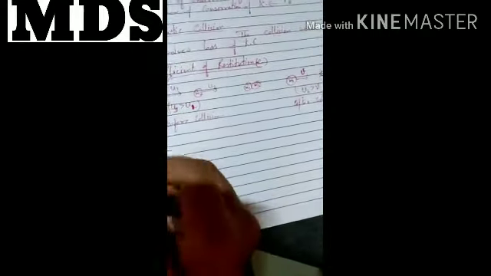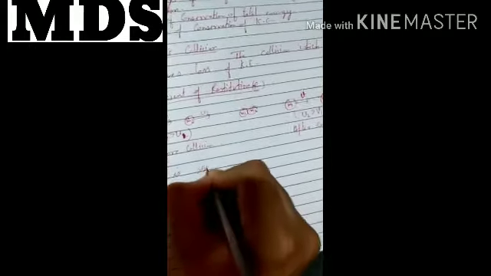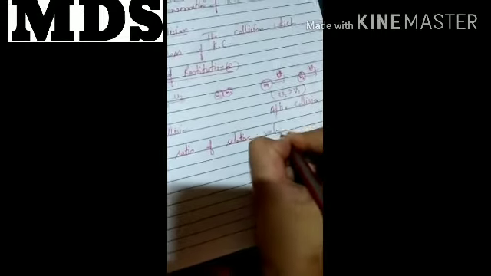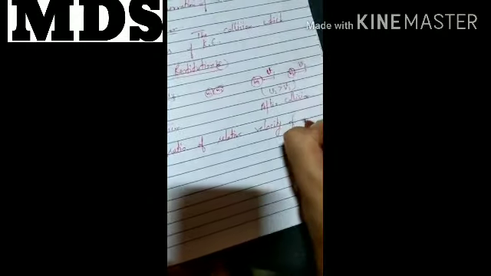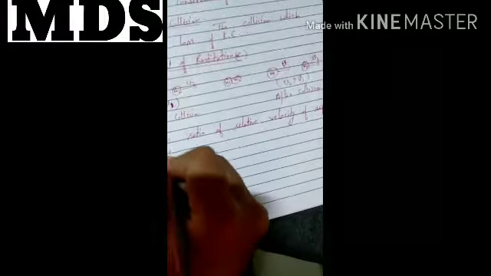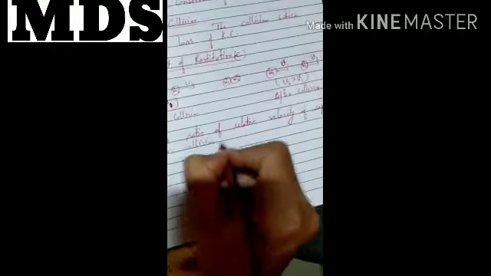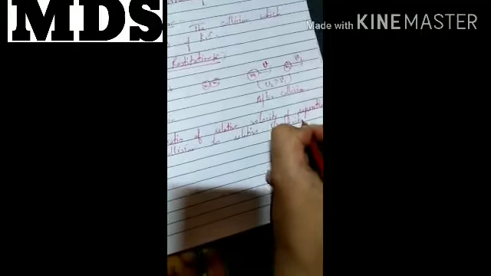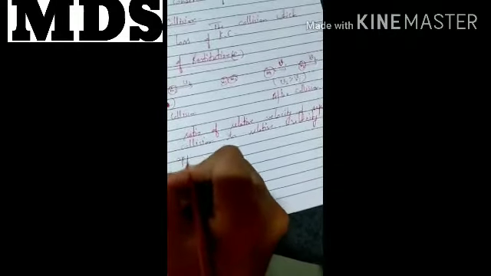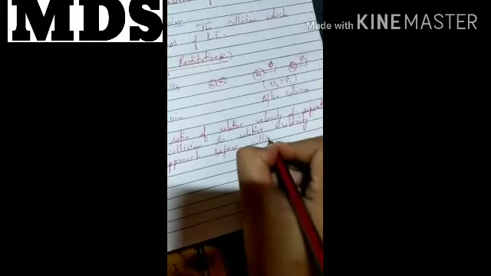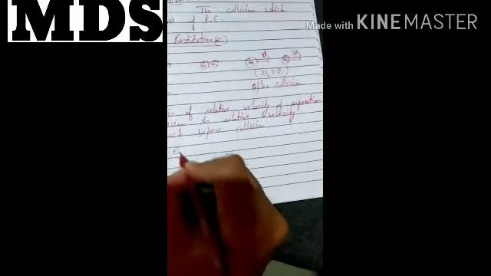So it is the ratio of the relative velocity of separation after collision to the relative velocity of approach before collision. Clear?